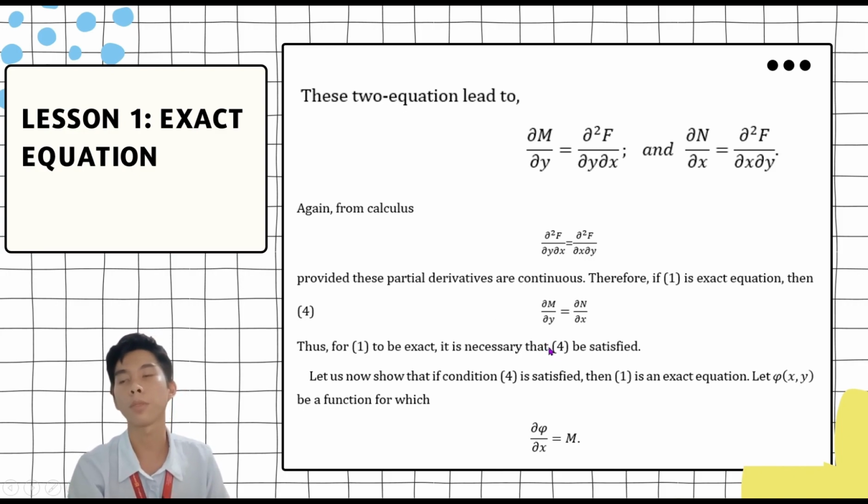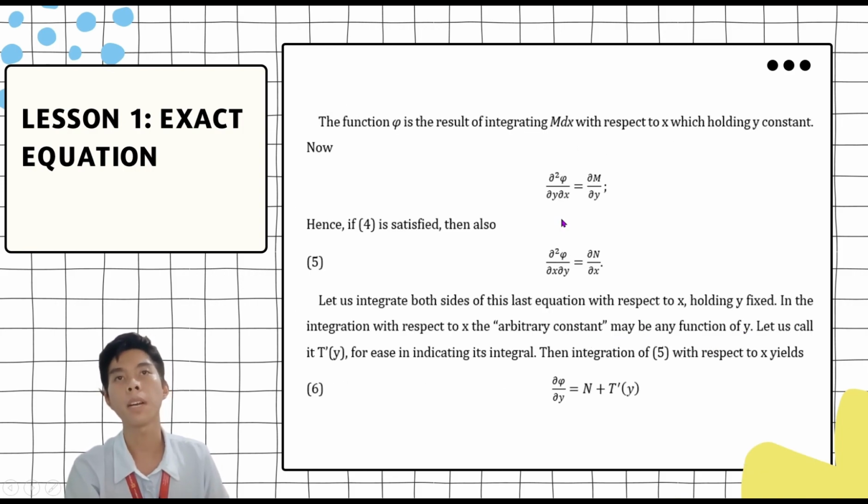So to show that if condition 4 is satisfied, then equation 1 is an exact equation: let phi of x, y be a function for which the partial derivative of phi with respect to x is equal to M. The function phi is the result of integrating M dx with respect to x, holding y constant. Now, the second partial derivative of phi with respect to y and x is equal to the partial derivative of M with respect to y.